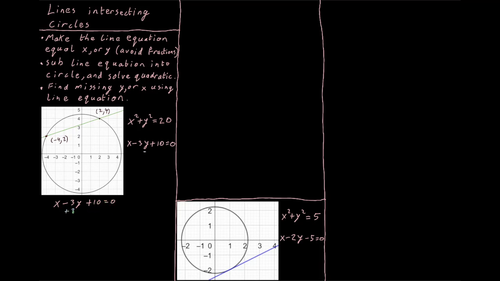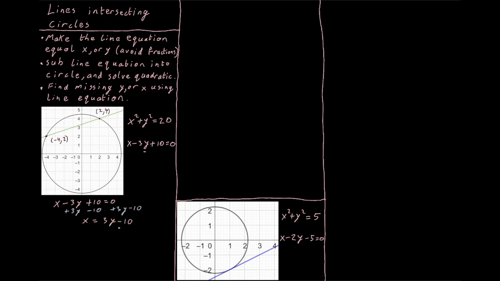So I rearrange my equation. I want x by itself, so I don't want that 3y there, and I don't want that 10 there. So I'm going to rearrange in order to get that by itself. So x must be equal to 3y minus 10. So that's my first step.